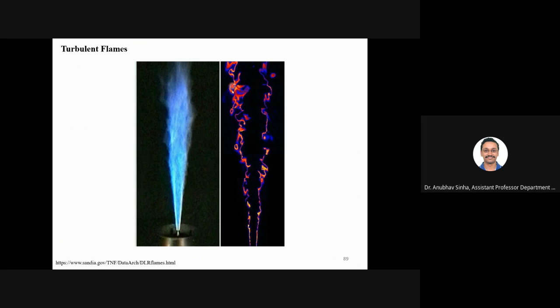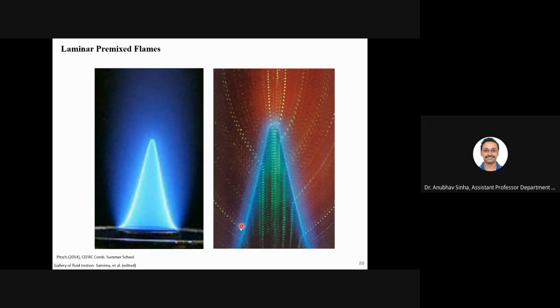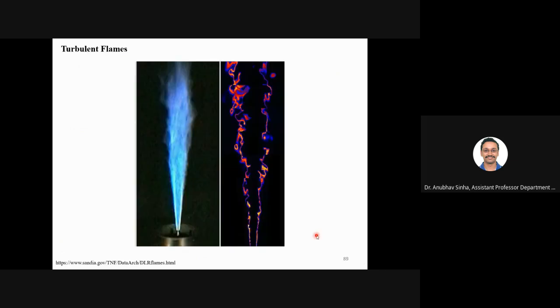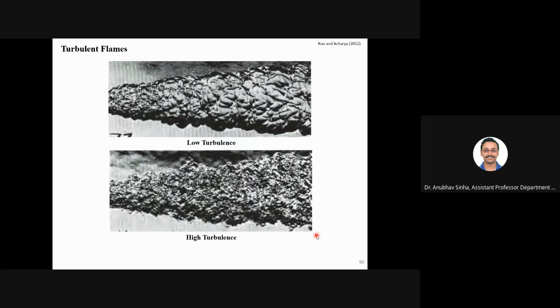And this is a leaf image, so it is a cut section of a flame, which shows, I think, the OH distribution. Whereas for this case, you get a very nice, smooth and uniform profile. So how does turbulence affect it?